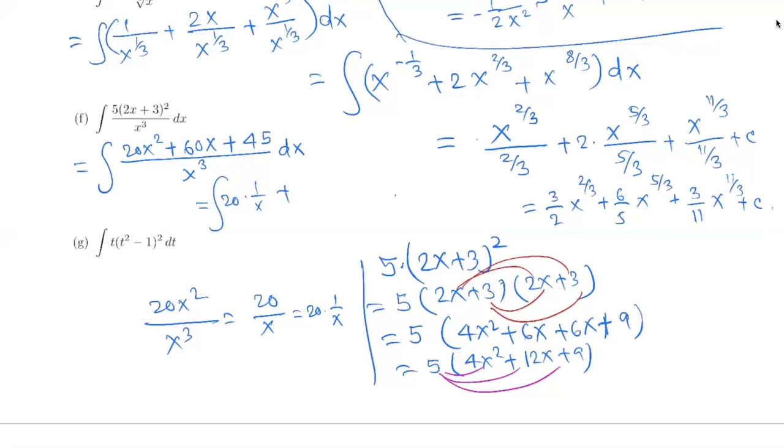Plus, here 60 times x over x cubed. So x over x cubed is, by the way, cancel 1 from top and bottom, 1 over x squared, and move up x to the negative 2. Plus 45 over x cubed, that means move up x to the negative 3 on the top. So this is how you simplify.